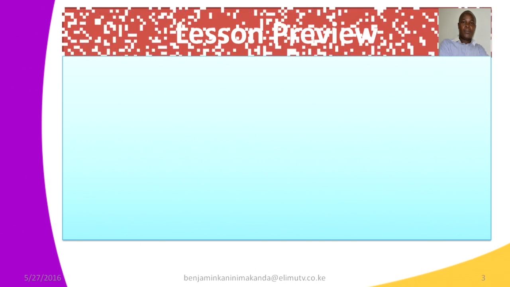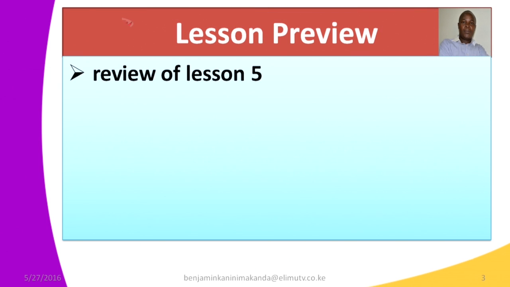Now, our lesson preview. Let's briefly look at the lesson preview. The first one, let's review lesson 5. In lesson 5, we introduced the topic symbol classification of substances, and we focused our discussion on mixtures. At that point, we also discussed and defined what a mixture is.